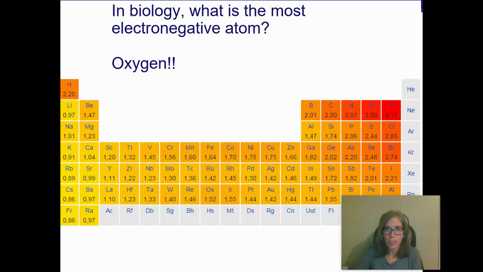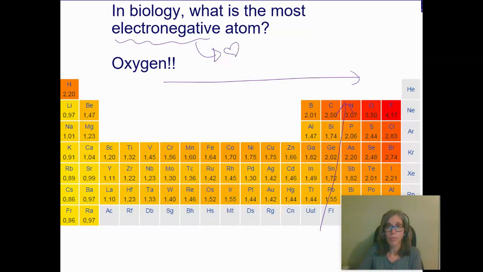What is the most electronegative atom? Remember, you get more electronegative as you go this way and as you go this way. What is electronegative anyway? We talked about this earlier in the year, I think. Electronegative means they really, really, really love electrons. They pull electrons to themselves. They're electron hogs. They love them. And so oxygen is super electronegative.